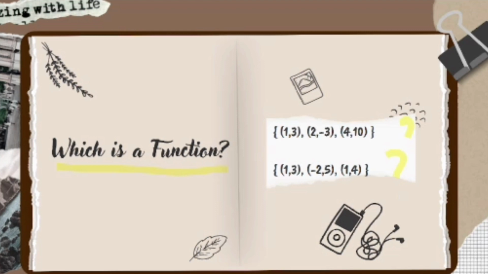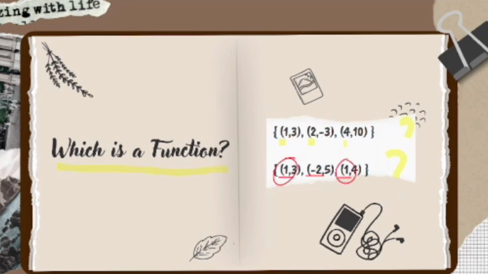I want you to focus on the x values. We have 1, 2, 4, and under it we have 1, -2, and 1. We can see that in the first set each x value has a unique corresponding y value. On the other side, the ordered pairs have the same x value.